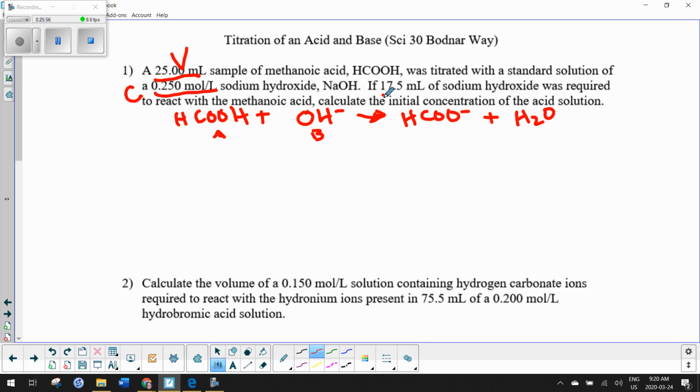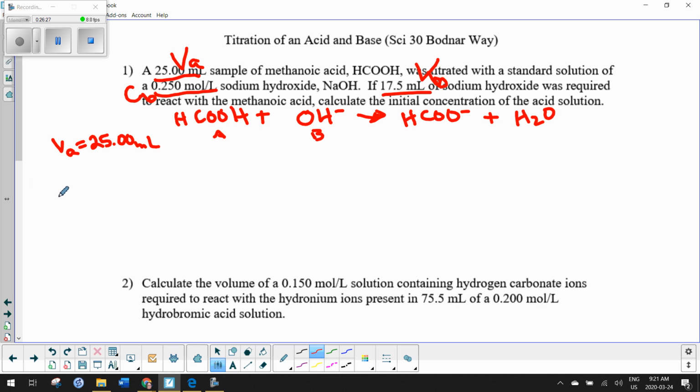Okay, 17.5 mL of sodium hydroxide, so this is a volume. We know now that the hydroxide part is the base. So I'm going to put base, oops, that's a bad B. And then this means methanoic acid has to be our acid. Okay, so I'm going to list the variables that I have. So VA equals 25.00 milliliters.